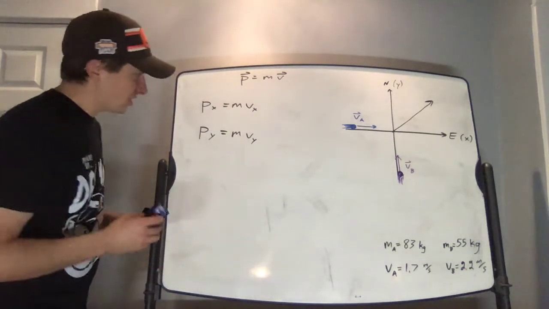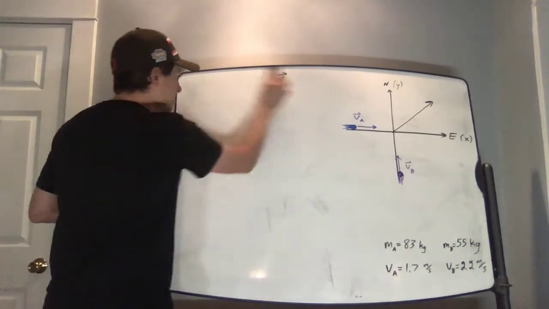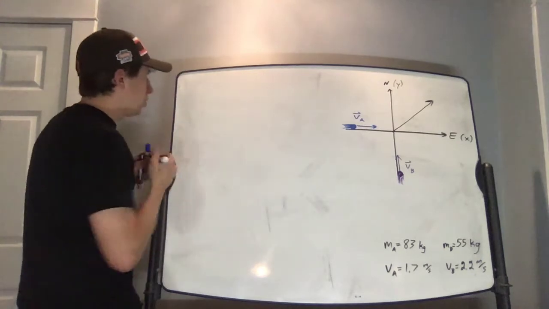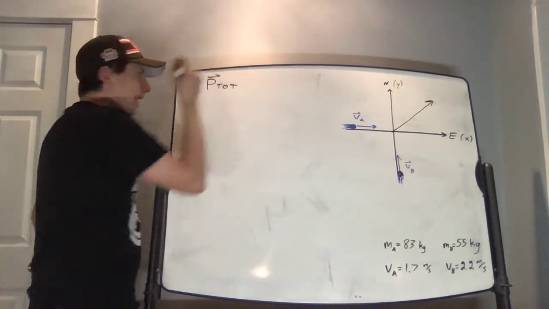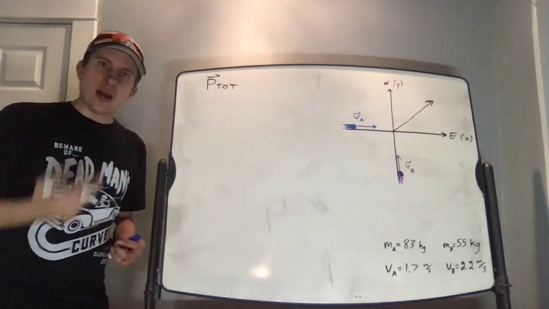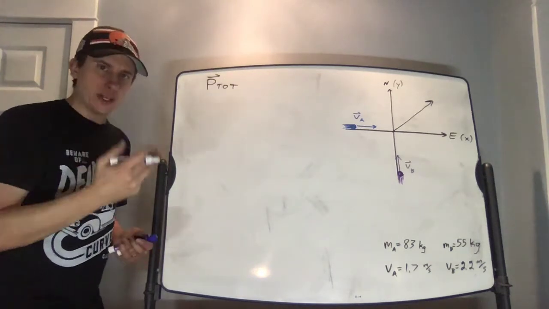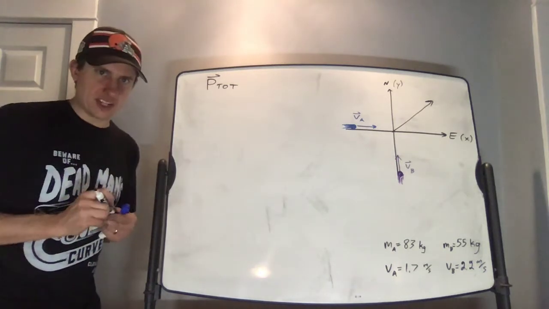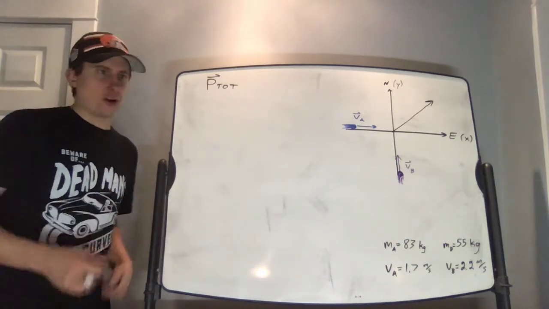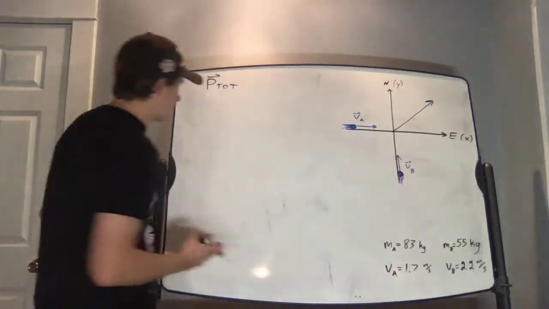So to look at this problem, when I write P total, I mean the momentum of every particle in my system. In this particular example, I have two particles in my system. Those two particles are my skaters, Alfred and Barbara.